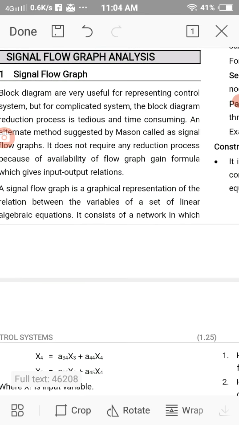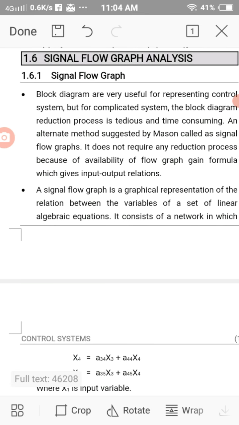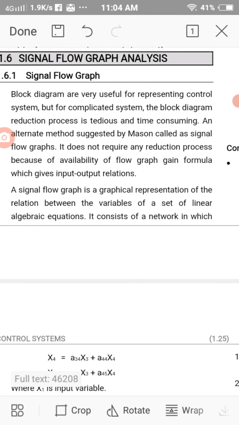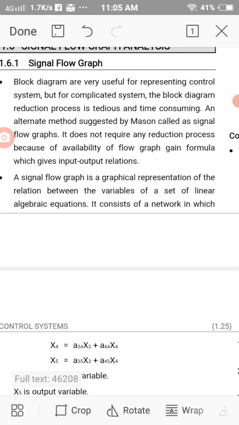Block diagrams are very useful for representing control systems, but for complicated systems, the block diagram reduction process is tedious and time consuming. An alternate method suggested by Mason is called the signal flow graph. It does not require any reduction process because of the availability of the flow graph gain formula which gives the input-output relation.